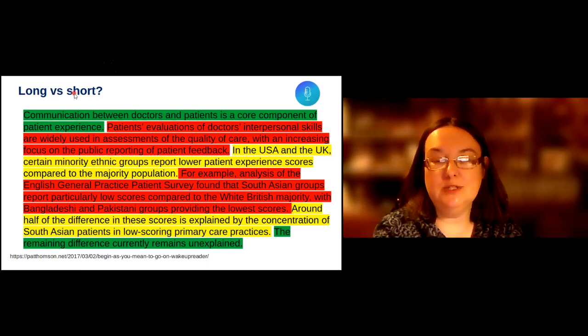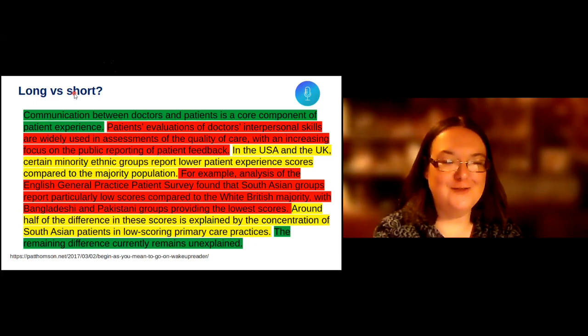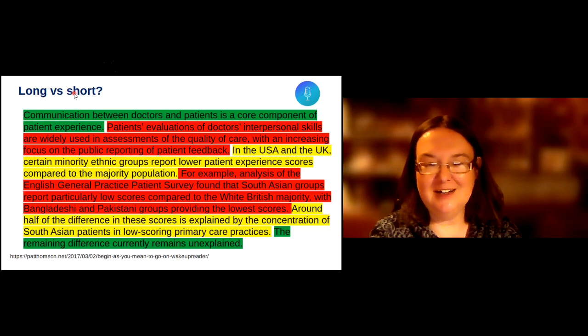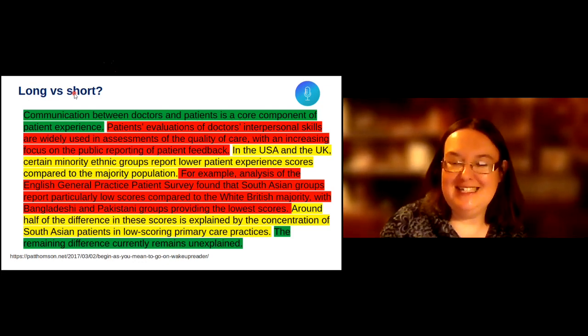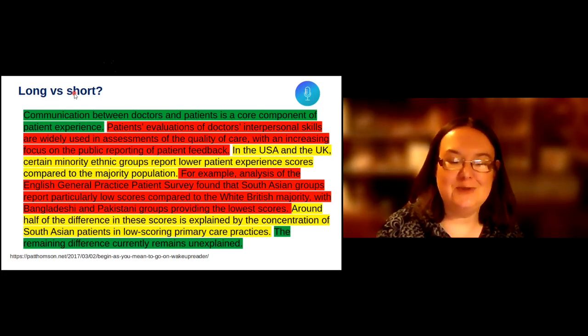But what I wanted to draw your attention to is the length. I don't know if anybody came to my session on blogging, but you will know that bloggers are told off for writing sentences that are longer than 20 words, basically, because this is considered to be too many words for people to pay attention to.